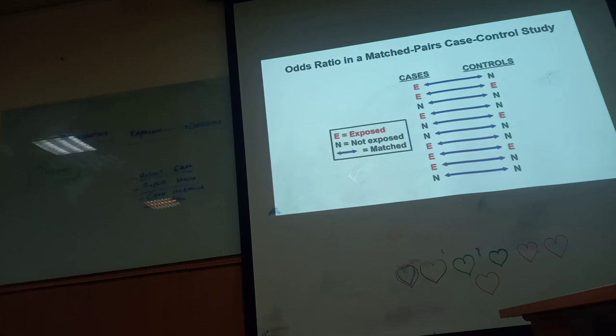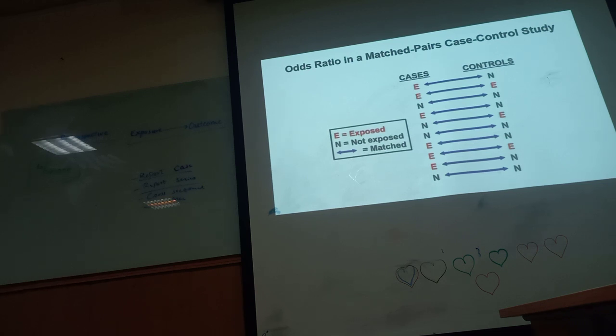For example, for the first pair, you can see that the case is exposed and the control is not exposed. Okay? When we are investigating the association between the exposure and the outcome, and we have hypothesized that exposure has an effect on our outcome, this pair is in favor of our hypothesis. Okay?